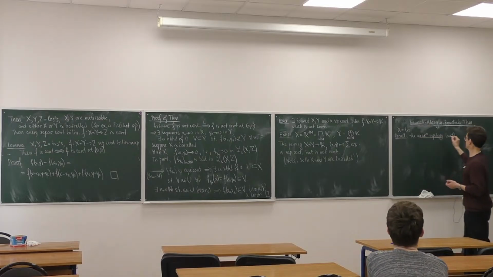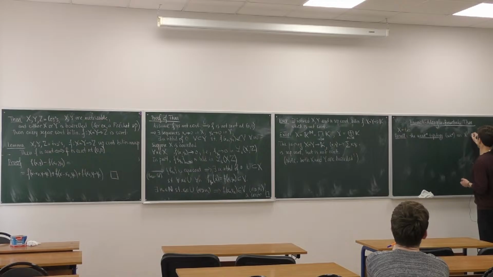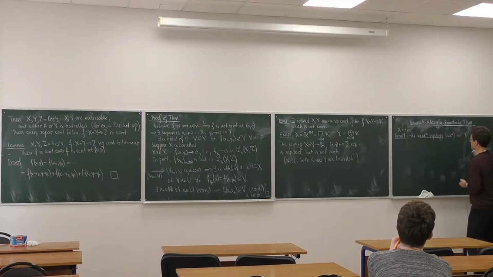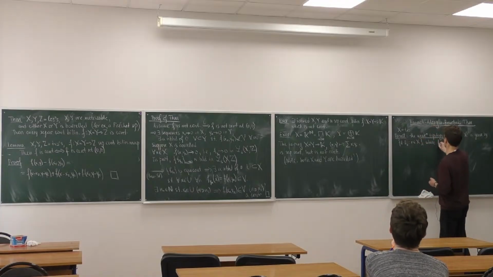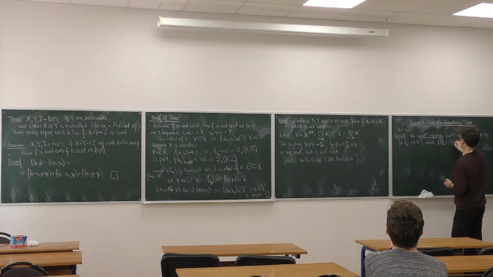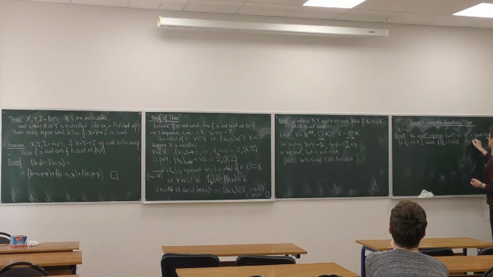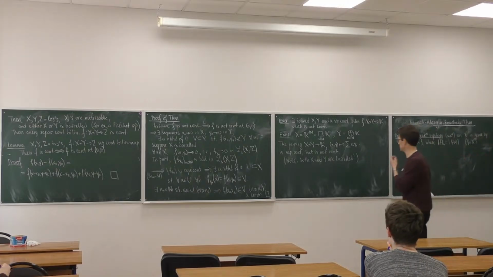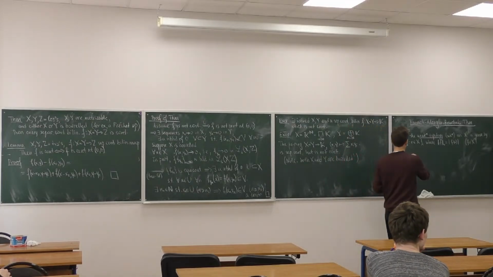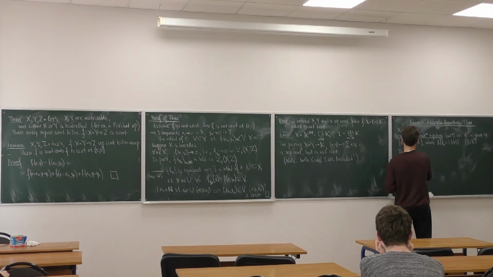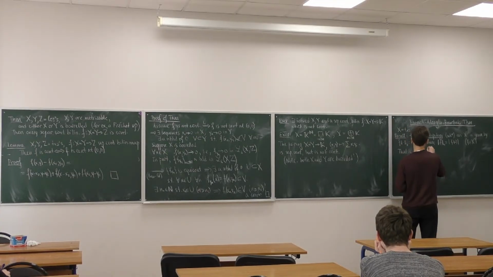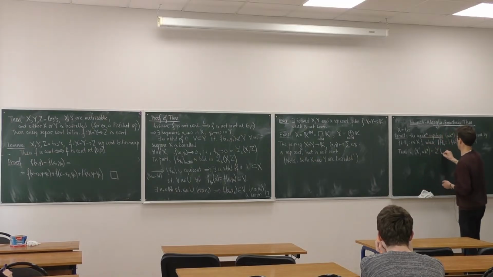The weak star topology on the dual space X prime is the locally convex topology generated by the following family of seminorms indexed by elements from X, where the respective seminorm on f is just the absolute value of f of x. So this makes sense for any topological vector space X. In other words, the space X prime equipped with the weak star topology is the space of all continuous linear maps from X to K equipped with the topology of pointwise convergence.